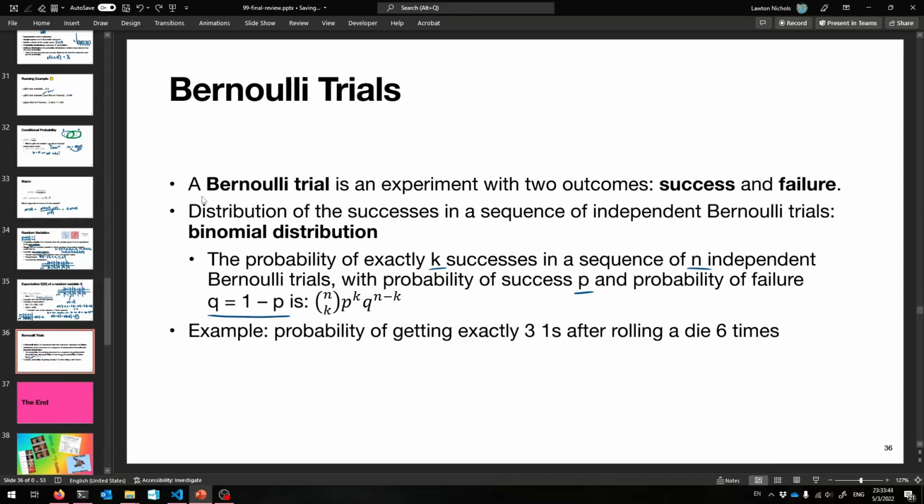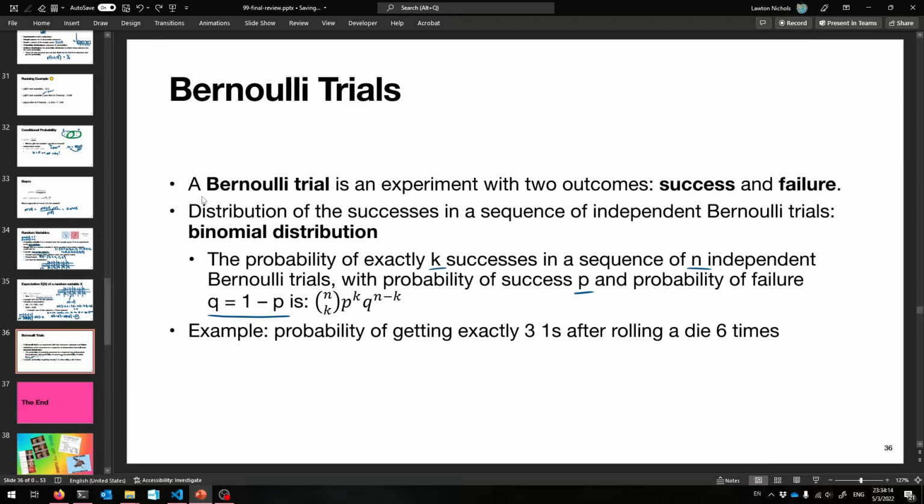N choose k times the probability that you see exactly k successes, so because they're independent, you can multiply, so p to the k, and then you see, summing to n, n minus k failures, so q to the n minus k. And because of the different ways that you could have made those successes and failures, you have to talk about all the different combinations of ways that you could come up with k successes and n minus k failures.